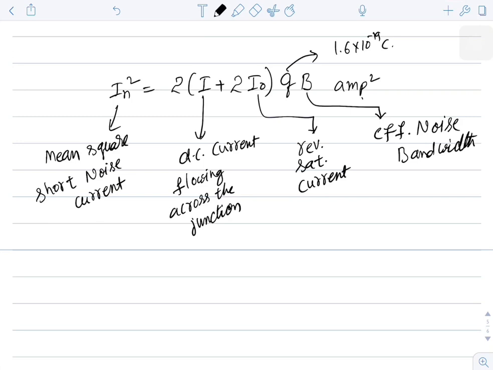We will talk about this effective noise bandwidth in a meanwhile, and this equation is applicable only for diode. The noise generated in any device other than diode will have only some approximation equations but not exact equations like diode.